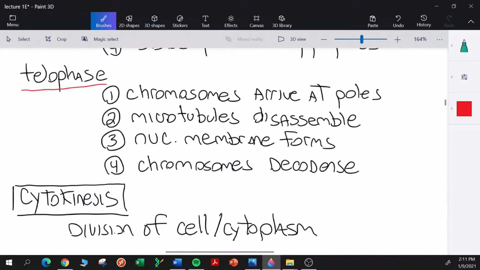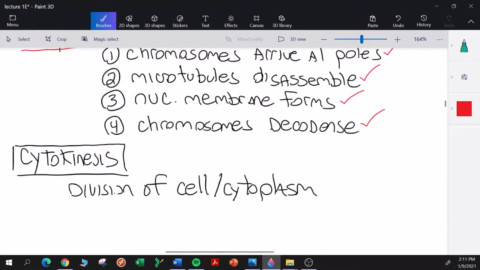During telophase, the chromosomes arrive at the opposite poles. The microtubules, which were pulling the chromosomes, disassemble. Nuclear membranes form between the two groups, around the two groups of chromosomes, and then the chromosomes decondense.